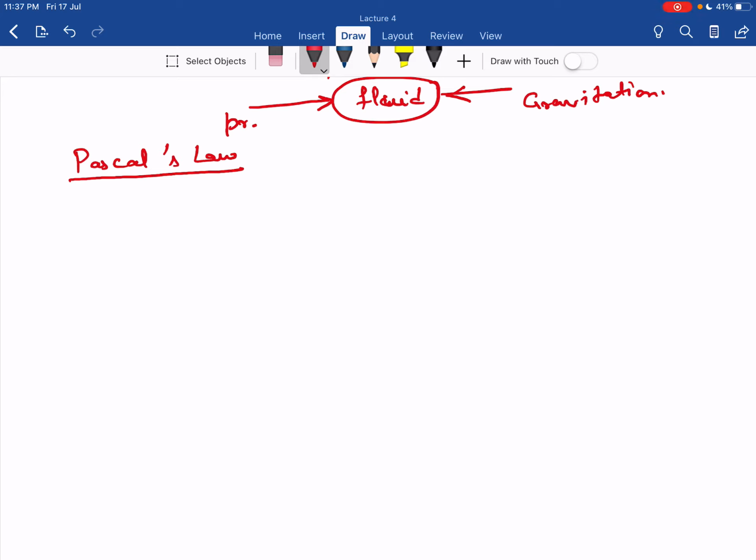Now to derive this law or to give the statement of this law, we consider a wedge-shaped fluid element.